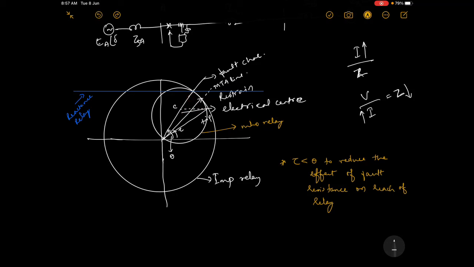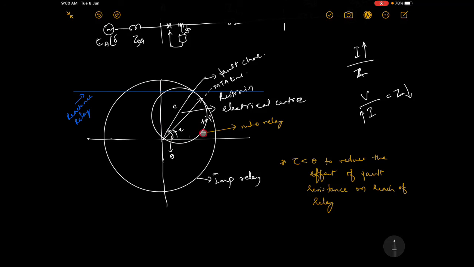So in order to avoid that under reach problem, we take tau almost equal to theta, so that the under reach problem is not an issue. So we use the Moore relay for long transmission lines. As I said, whenever the transmission line is long, we go for the Moore relay.